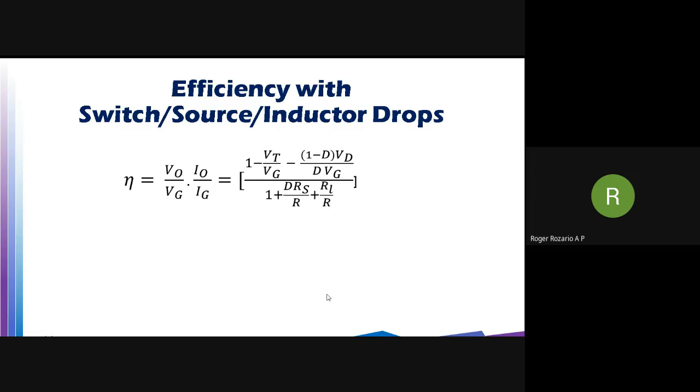So efficiency is V0 by Vg into I0 by Ig. In the denominator, you have the correction factor for the source and the inductor non-ideality. In the numerator, you have the correction factor for the switch non-ideality.